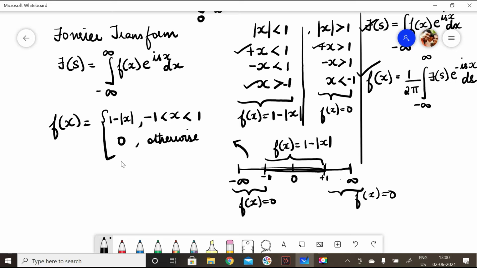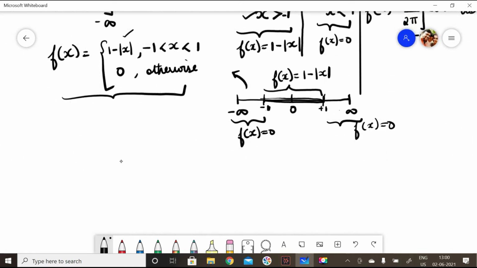Now, when I look at this function, I have again a modulus, so I need to solve this again. What is the meaning of modulus? Modulus x means plus x and minus x. The limit is minus 1 to 1.